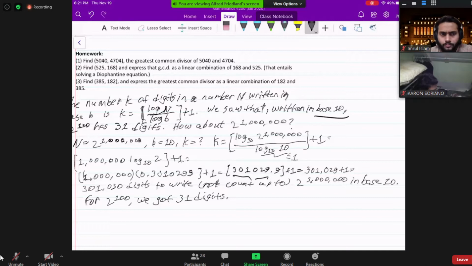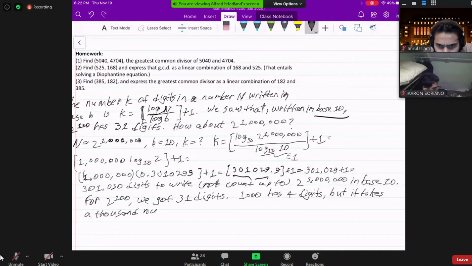So for instance, 1,000 has 4 digits, but it takes 1,000 numbers to count up to 1,000.